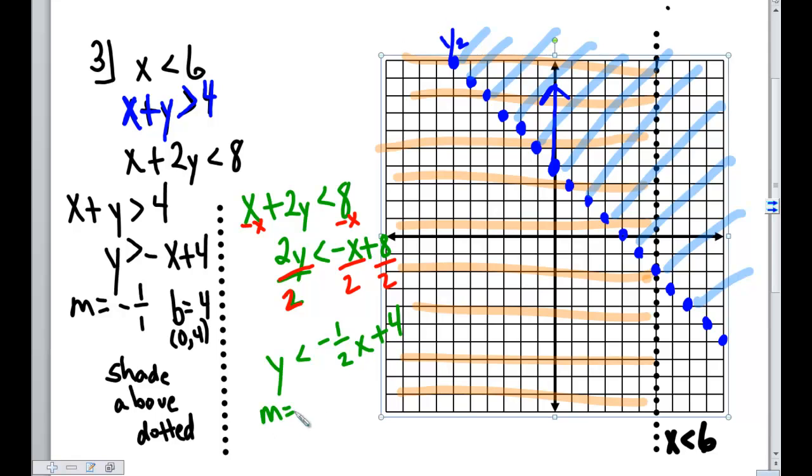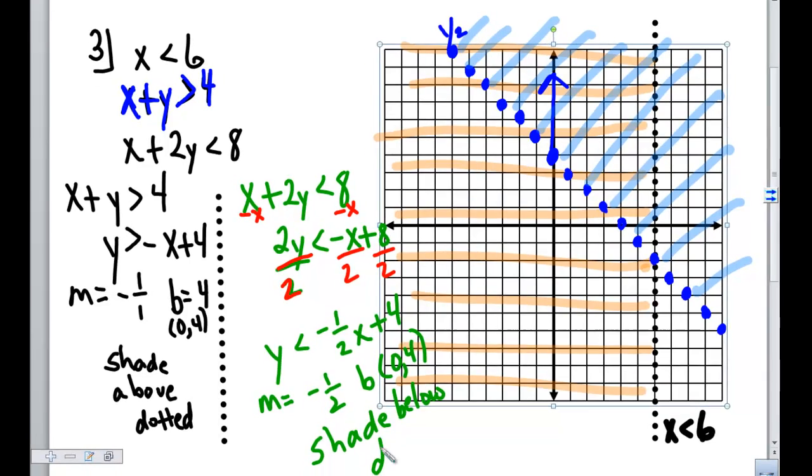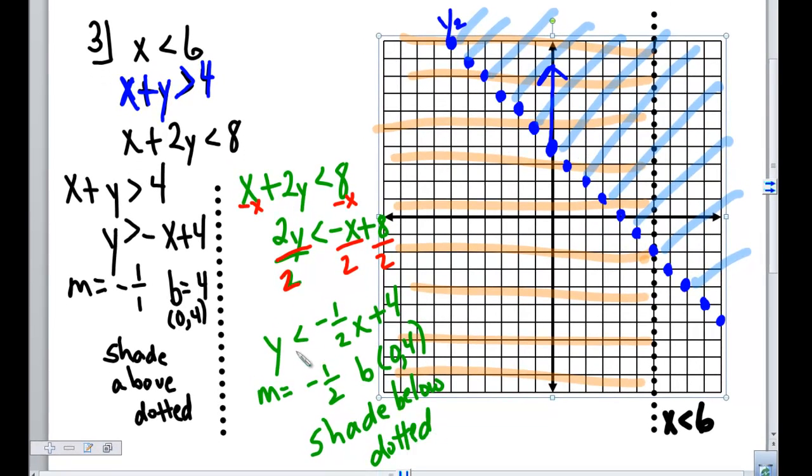The slope is -1/2. The beginning ordered pair is (0, 4). Shade below because it's less than, and it is dotted because there is no equal sign underneath the less than symbol. Start at 4, the beginning ordered pair, which is the same point as before.